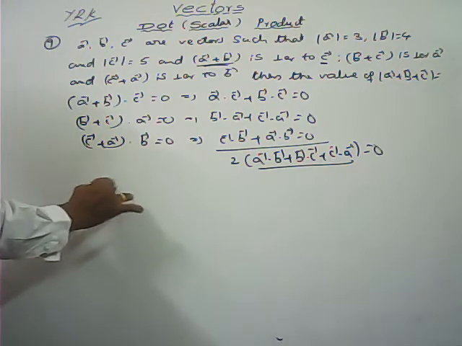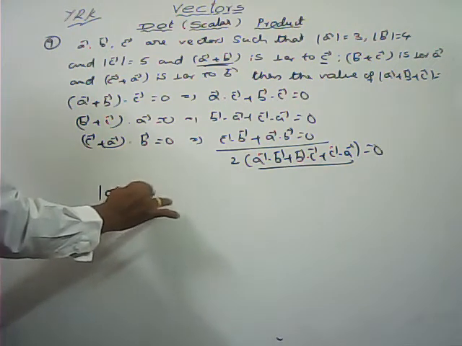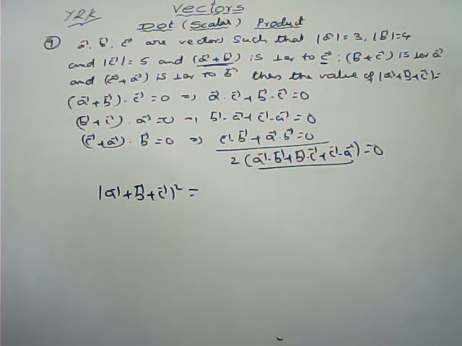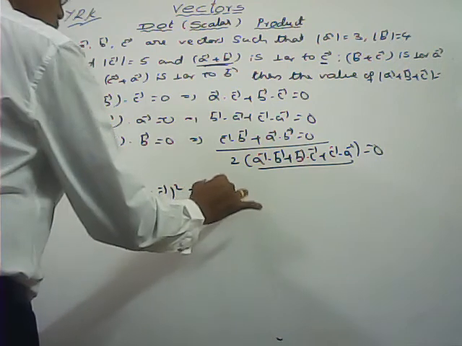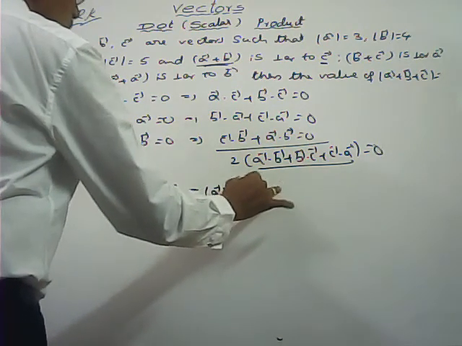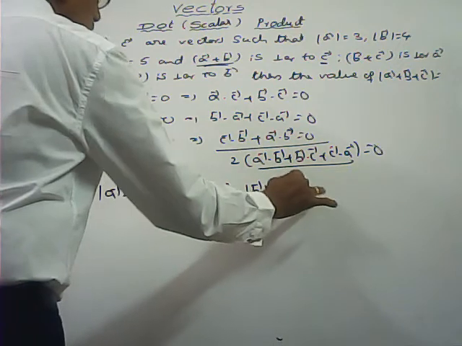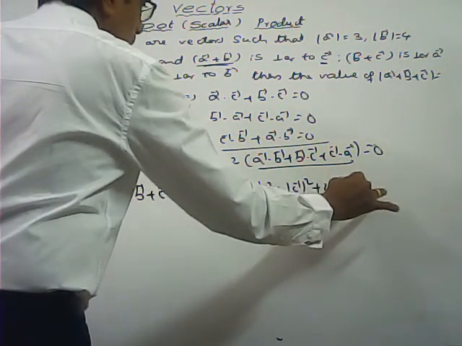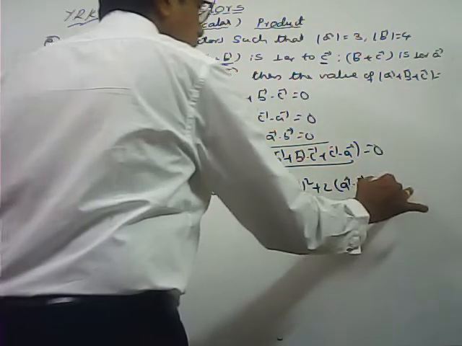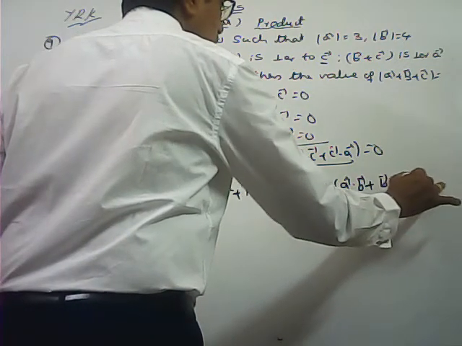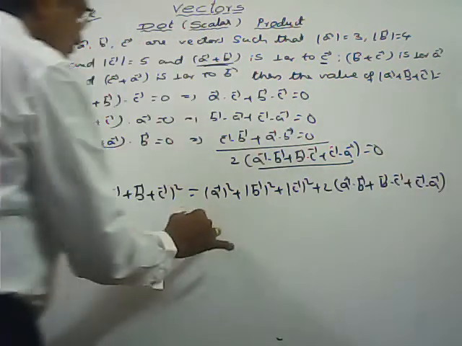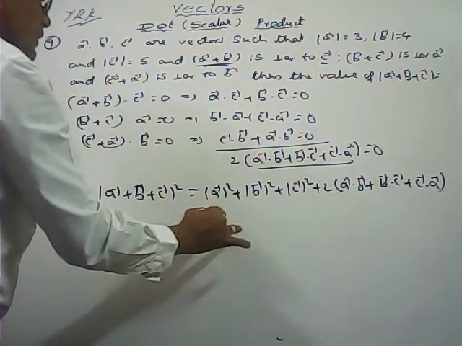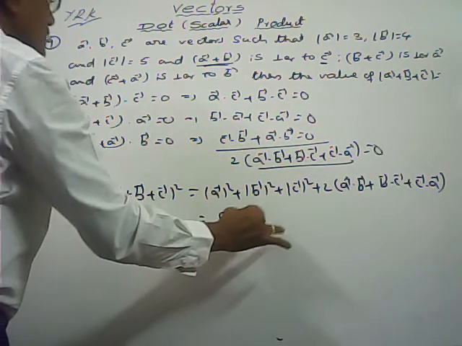Here I am taking the square of that one. You can expand that: modulus of a bar square plus modulus of b bar square plus modulus of c bar square plus 2 into a bar dot b bar plus b bar dot c bar plus c bar dot a bar, that is equal to, modulus of a bar square is given, that is 9 plus 16 plus 25.